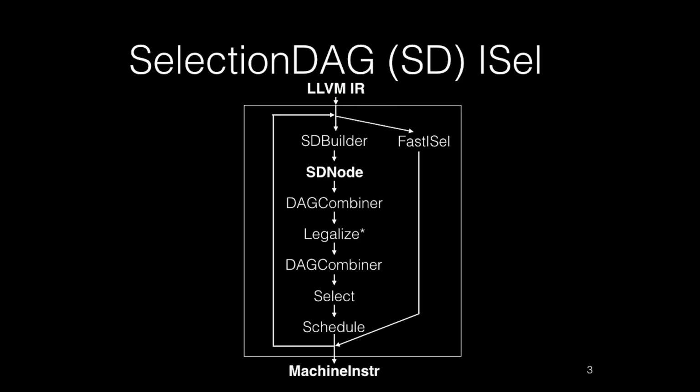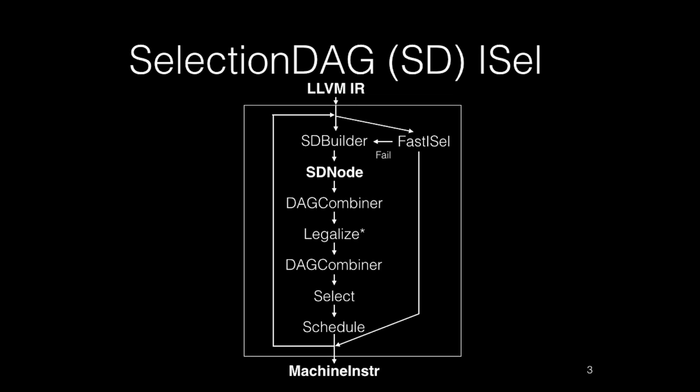We have a different coverage of what is supported for LLVM IR for each different target. And what this means is that FastISel may fail. And when it fails, you need to fall back on the existing SelectionDAG framework.